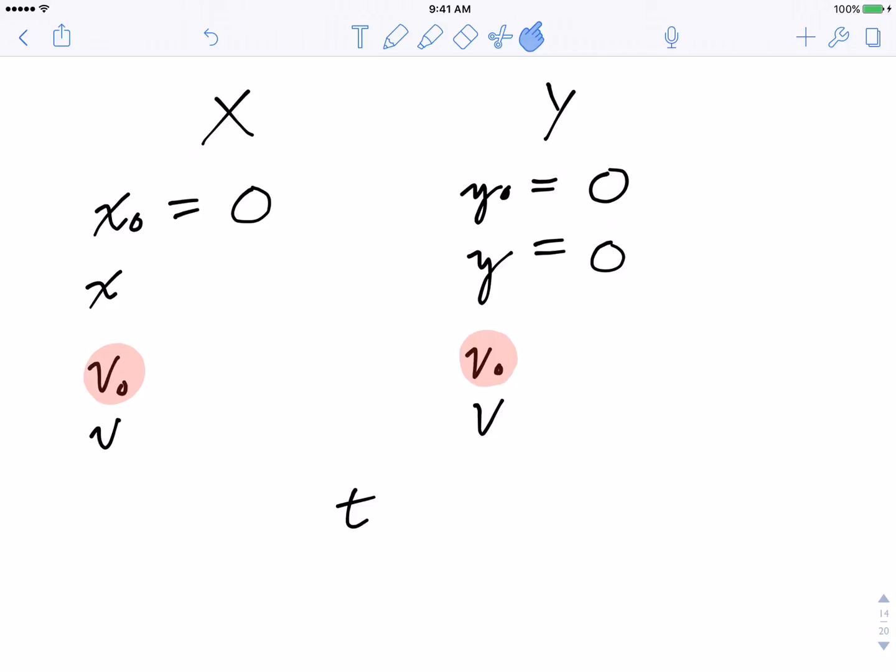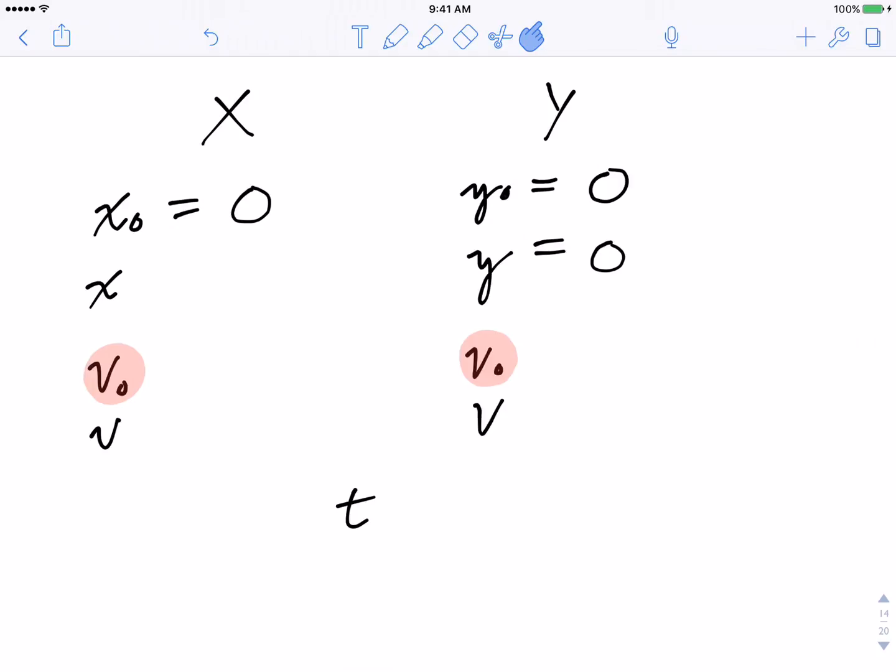This being a projectile problem, keep in mind that I've left out acceleration because I'm going to use our acceleration formulas where I already am using acceleration on the x as 0 meters per second squared and acceleration on the y as negative g. I've also put the time in between both the x and y axis because that is shared between both of them.